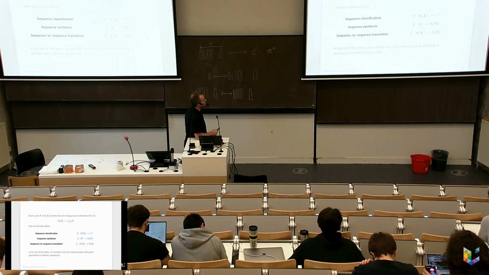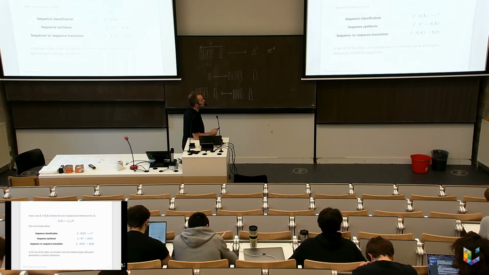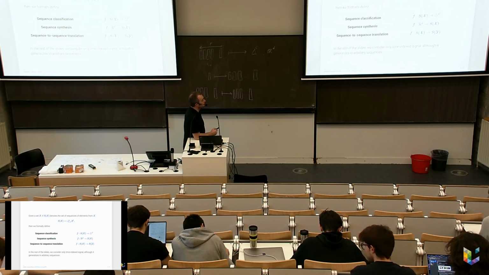compositions of these tokens. And once we have this notation, then we can say that the sequence classification problem is the problem of finding some function which maps an element of the power set of the tokens, so of the set of sequences, to, for example, a vector of probability estimates. The sequence synthesis problem is a problem where you start from some fixed size vector, and you want to produce as output an element of this set of sequences, so you want to produce a sequence as output.